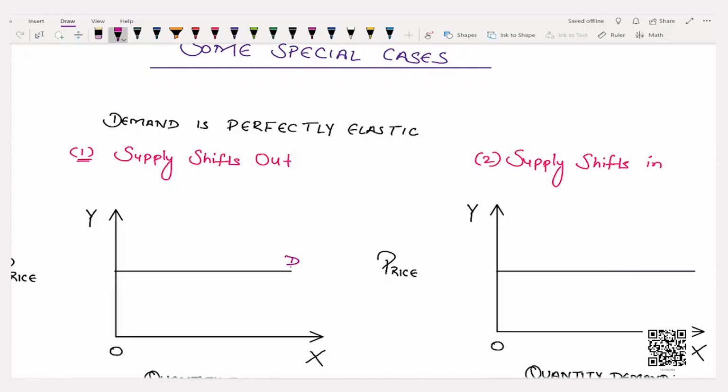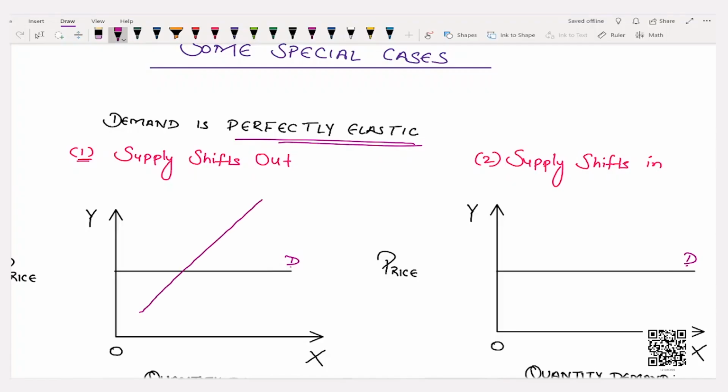So the first case that I have for you is demand being perfectly elastic, and we will change the supply. Because demand is perfectly elastic, the demand curve will be parallel to the x axis. I have made two diagrams with two cases, that is, supply shifts out or supply shifts in. I have assumed demand to be perfectly elastic, hence it is parallel to the x axis.